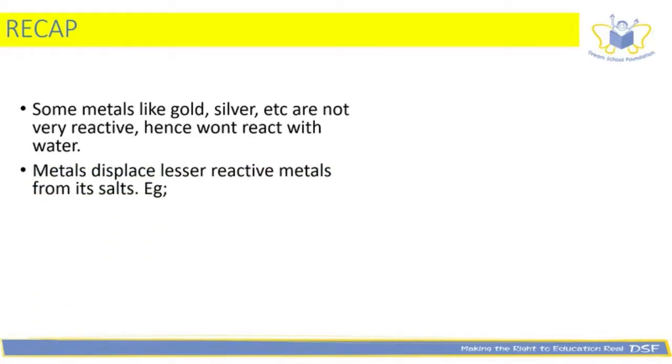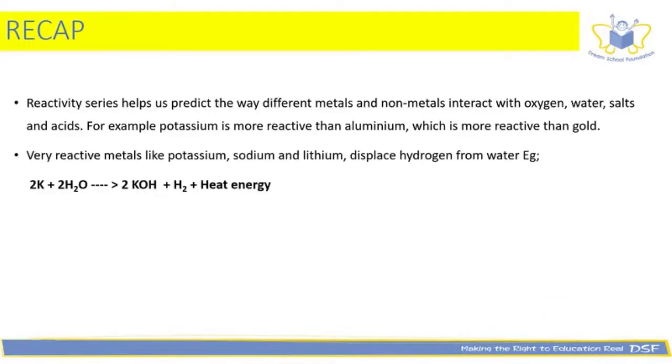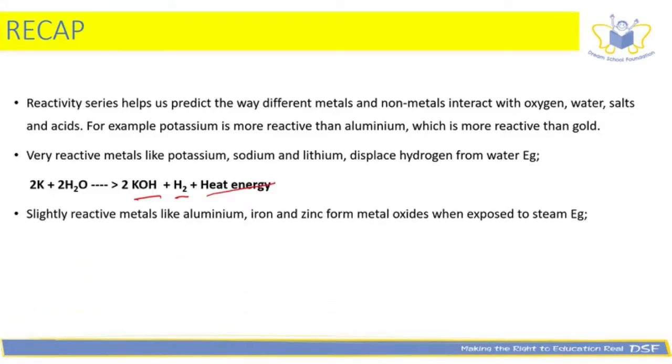Metals displace less reactive metals from their salts. Example, iron displaces copper from copper sulfate solution, giving out ferrous sulfate, and copper is here. Potassium reacts with water to give you potassium hydroxide, releasing hydrogen and a lot of heat. Slightly reactive metals like aluminium, iron and zinc form metal oxides when exposed to steam. Example is here.